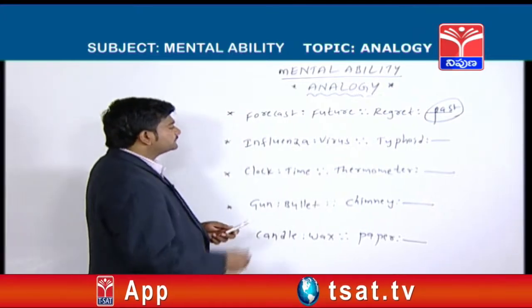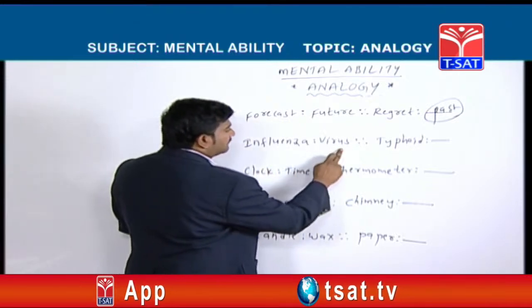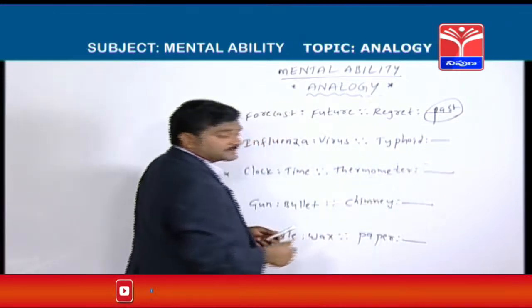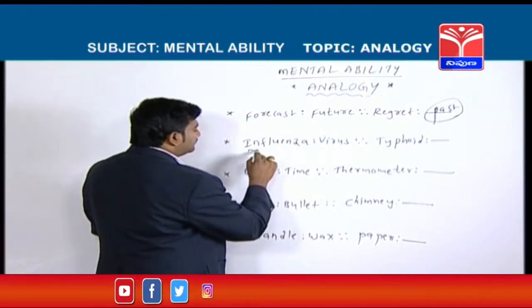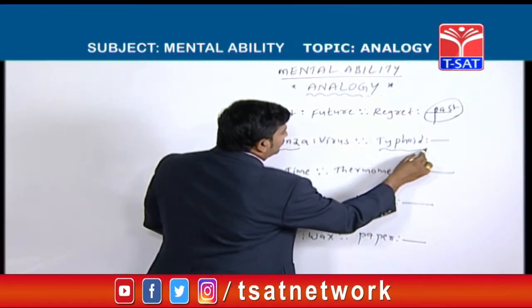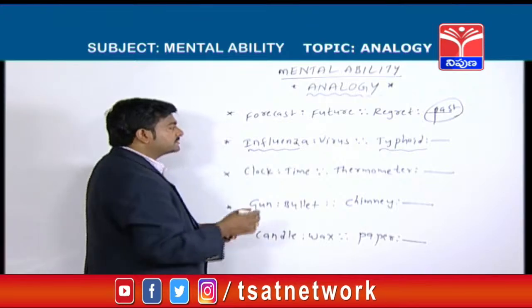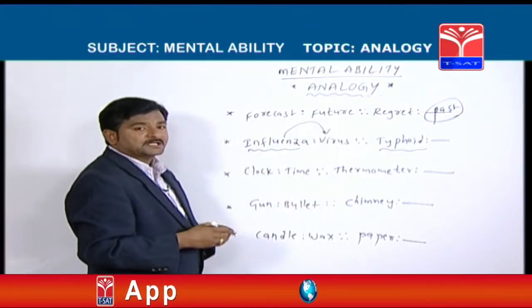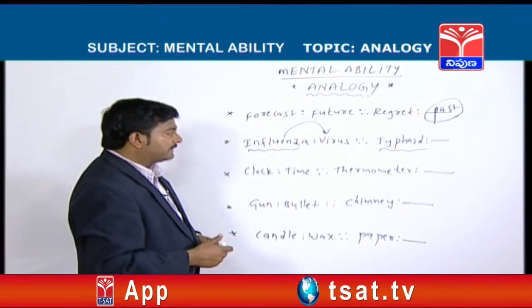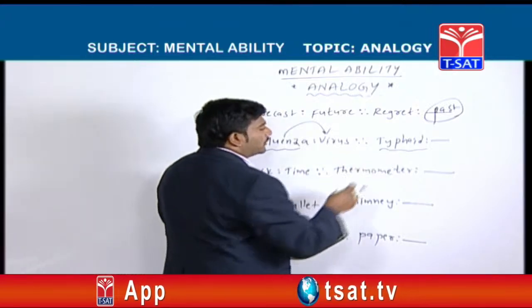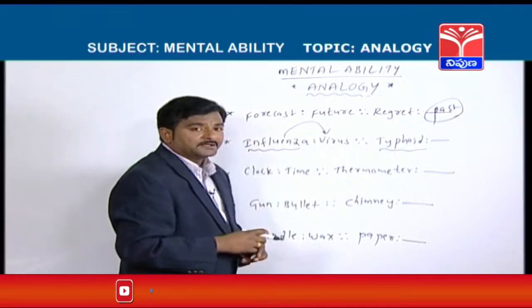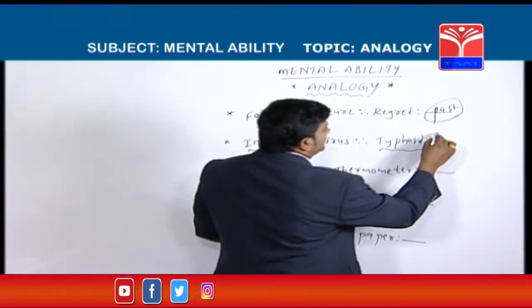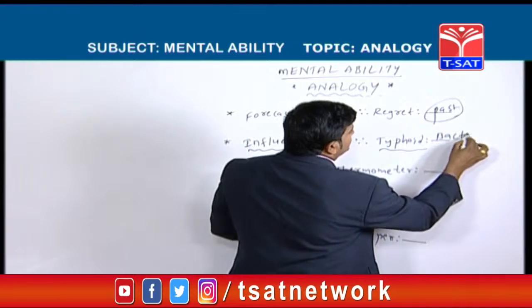Now observe here, influenza, virus; typhoid, dash. This is clear. Influenza is a disease, typhoid is also a disease. What does it mean? The disease is caused by a virus. Influenza disease is caused by a virus. Similarly, typhoid is caused by bacteria.